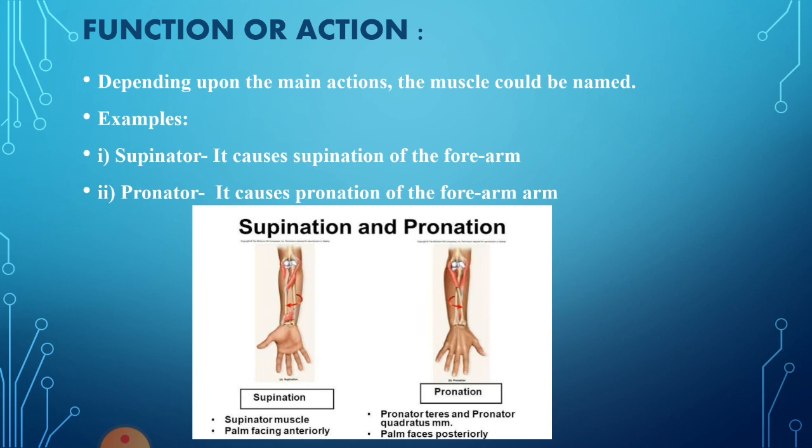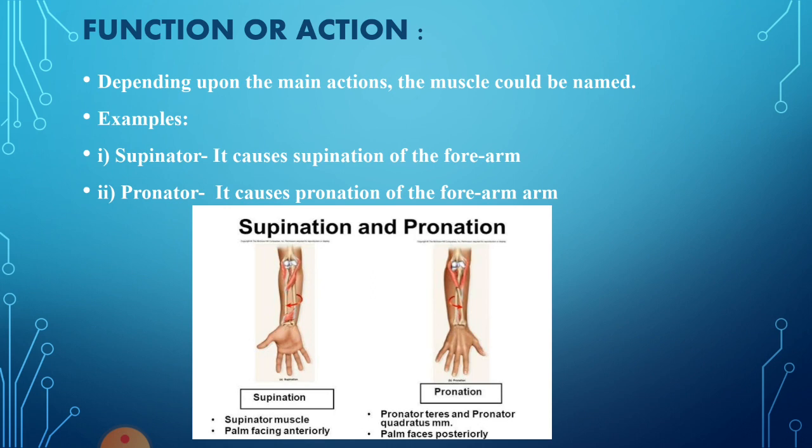So what basically is supination and pronation at your forearm? These are basically the movements that occur in your forearm, and the supinator muscle is responsible for the supination, while the pronator muscle is responsible for the pronation.